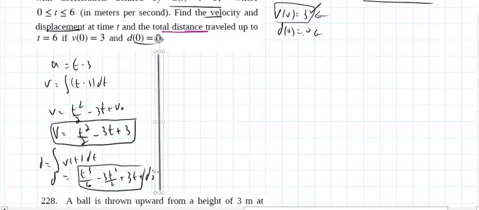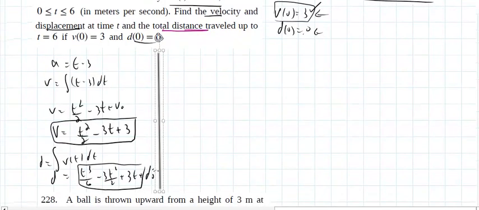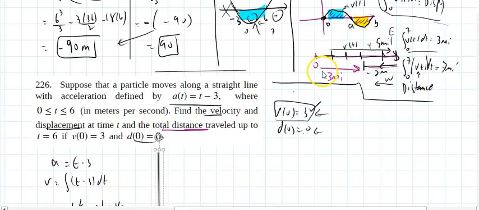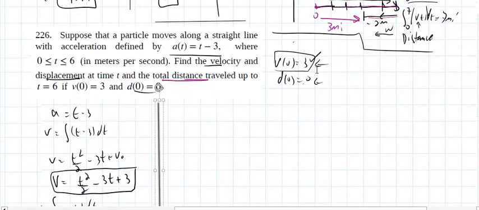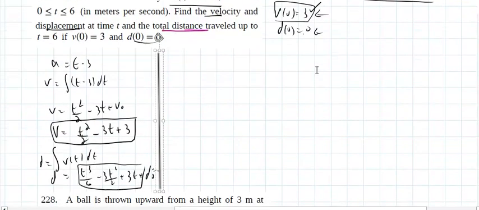So they want us to find the displacement and total distance up to t equals 6, so between 0 and 6.